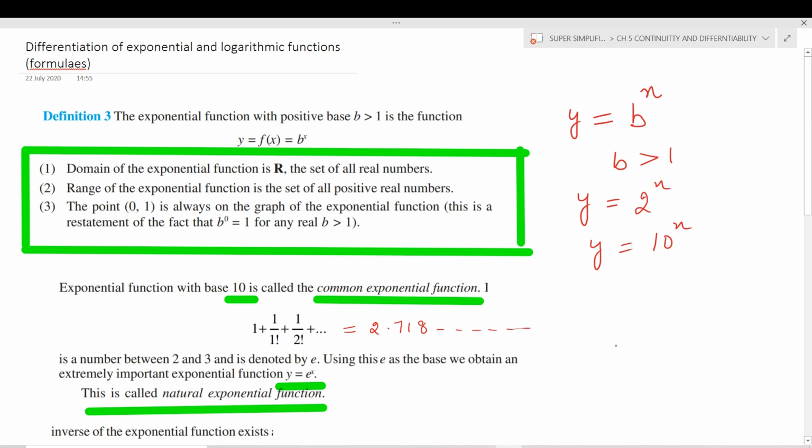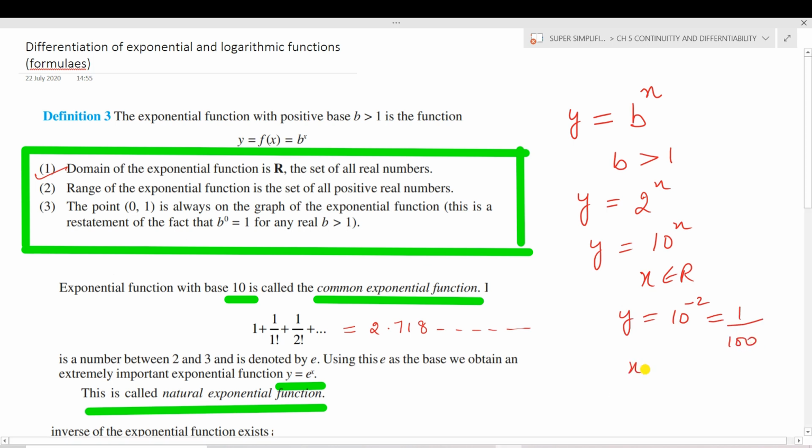Now this x can take any real value, and therefore we have the first point, that the domain of the exponential function is R, the set of all real numbers, and the range of this exponential function is the set of all positive real numbers. Even if you take x to be negative, for example -2, the value of y still comes out to be positive.